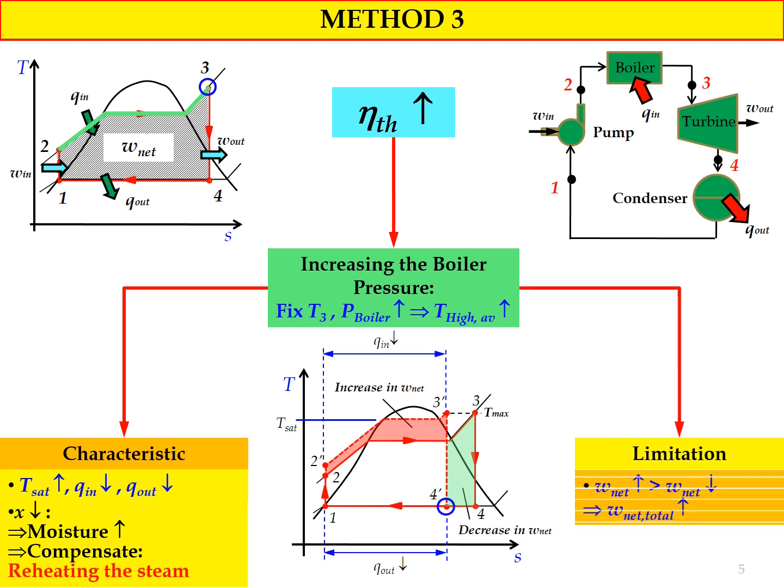In terms of limitation for this method, we need to make sure that the W net increase, represented by the red color area, must be greater than the W net decrease, represented by the green color area. Then we will get a higher value of W net total. If not, we will have a lower value of W net. So that's the limitation for this method. We need to make sure that the W net increase must be greater than the W net decrease.